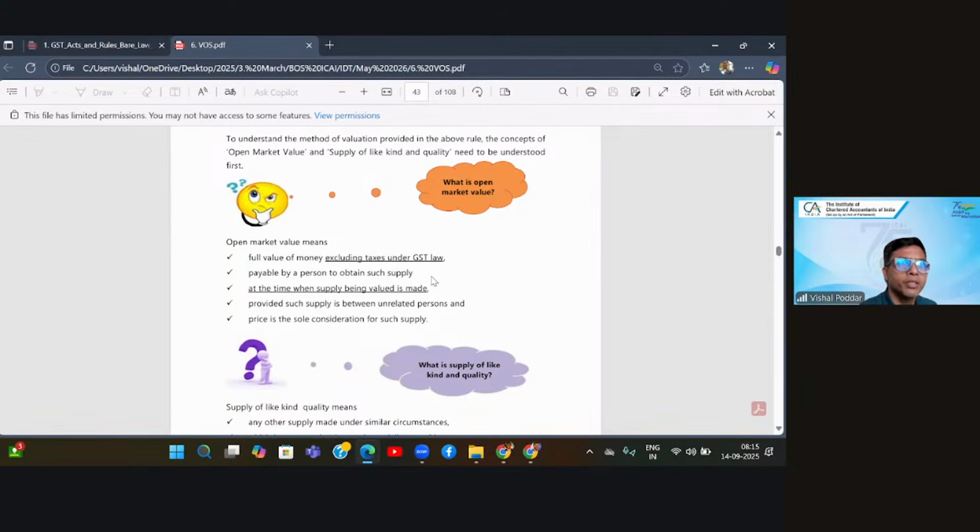But otherwise, the components are the same. All are getting HRA. All are getting the different types of same allowances. Only the amounts are different. Even in your offices where you have done your articles, you would have seen that your sir would be having a standard price. So even if you get a call from the client, you know what is the price for a salary return. You will say, okay, it is 5,000. That is where partly I'll say open market value may even apply to our case.